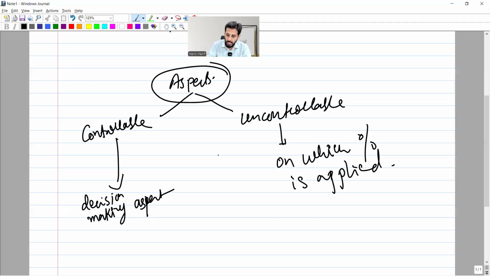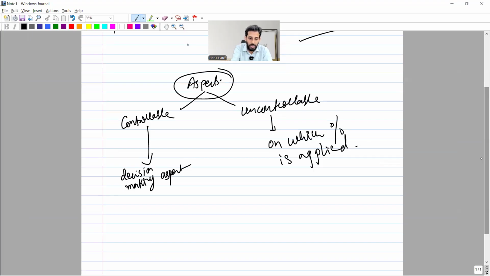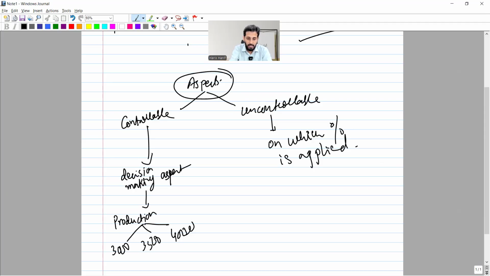That means your controllable factor is the production level, either 3,000, 3,500 or 4,000, right? This is the simple point. So this is my decision making criteria: 3,000, 3,500 or 4,000 units. This is my production level.